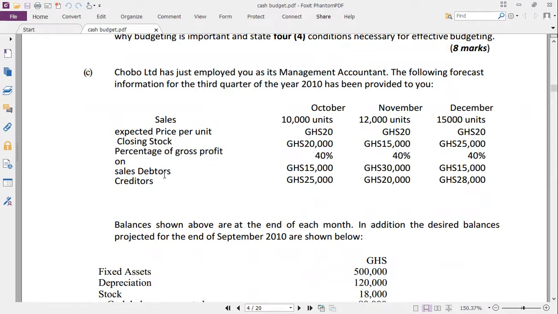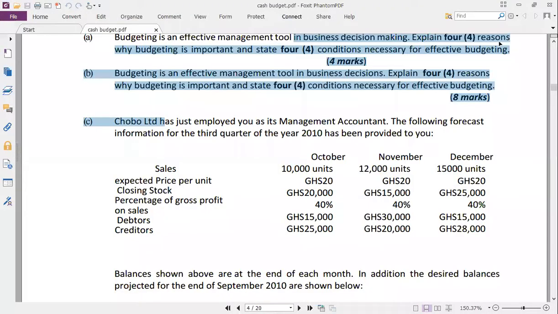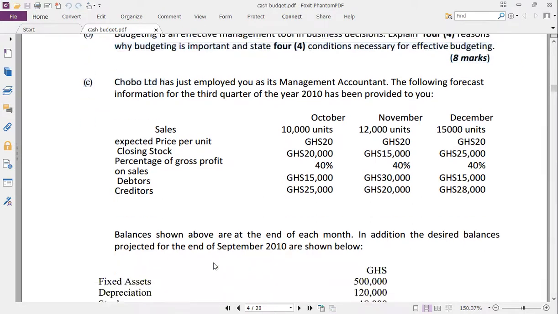Percentage of gross profit on the sales, 40% each. Debtors are there, creditors are also there. Now let's go to the next item.